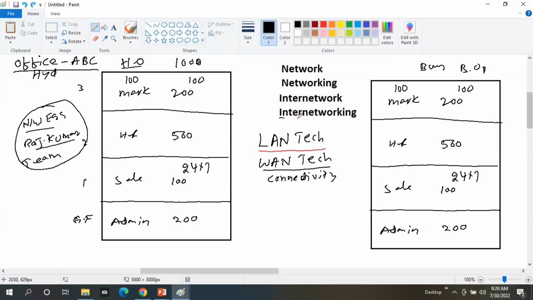But ultimately what do we need? Internetworking means what? Communication between different networks. So how does the communication happen? For communication purposes, we must have knowledge of what? Routing protocols.